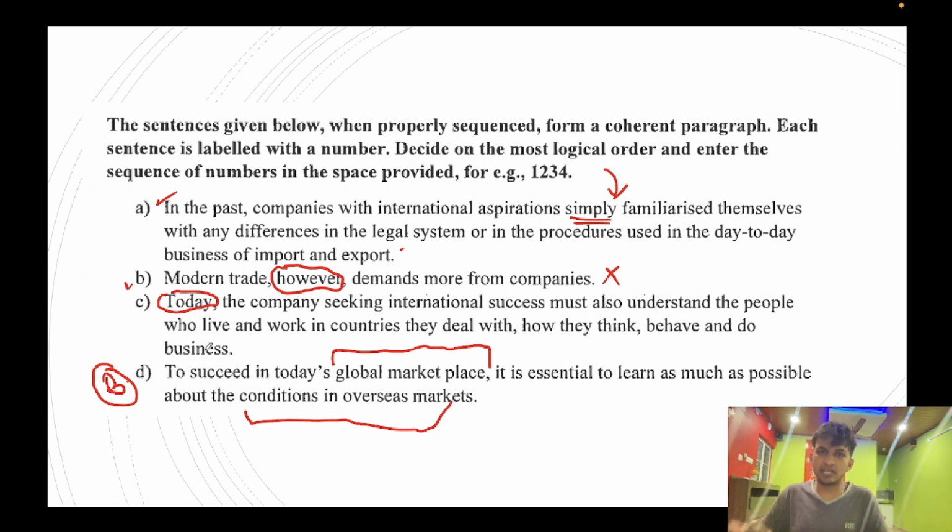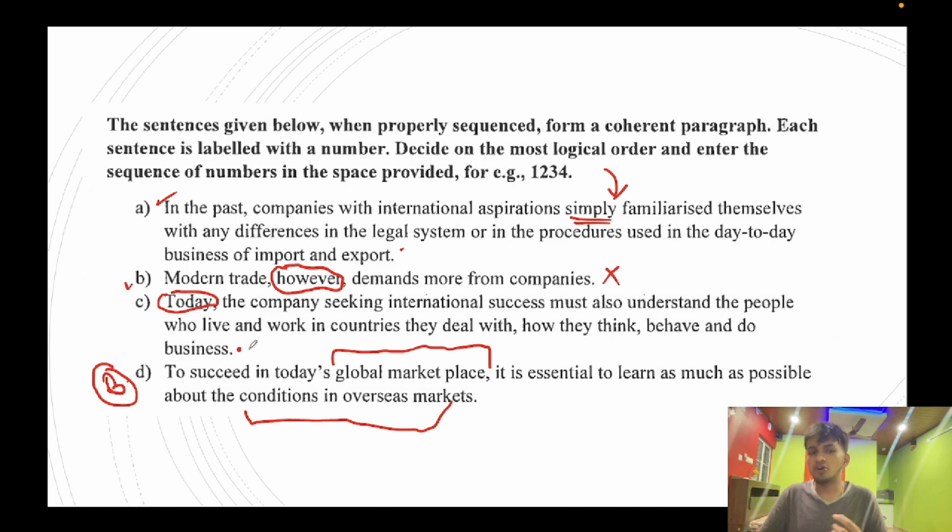What is to be done to succeed in today's marketplace? So he is going to talk about what happened in the past first, and then come to talk about what is happening today. So moreover, this particular sentence, see, today the company seeking international success must also understand the people who live and work in countries they deal with, how they think, behave, and do business.